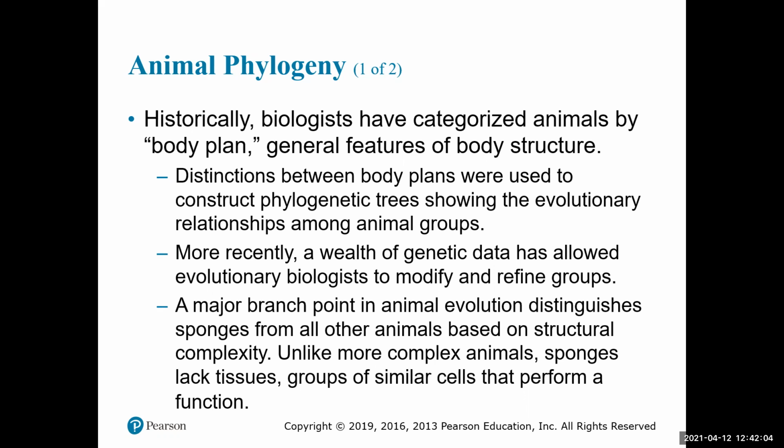So that's really similar to what we think the ancestral animals looked like. These cells have a flagellum, they have these collar cells that filter the water, and they're all working together in this one structure that is serving the same purpose.